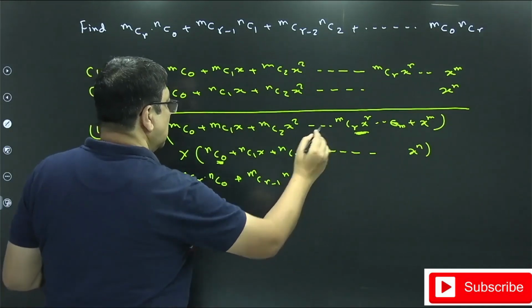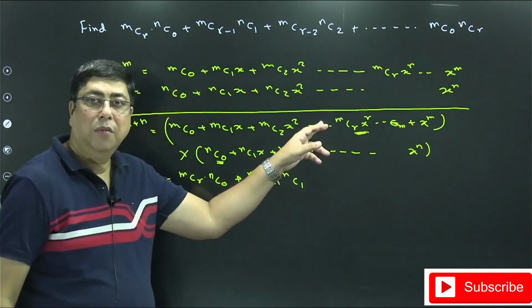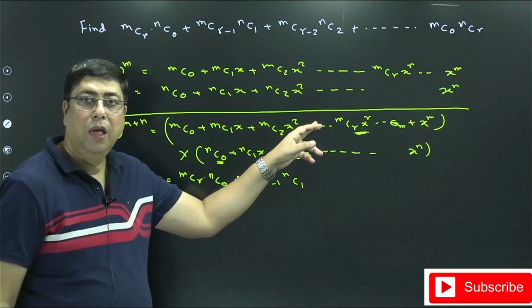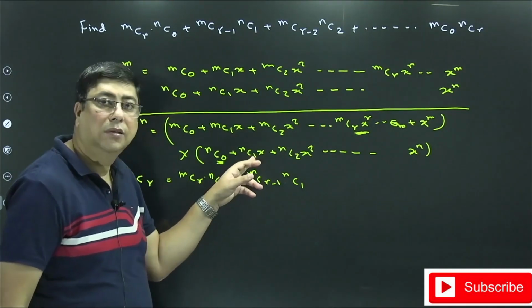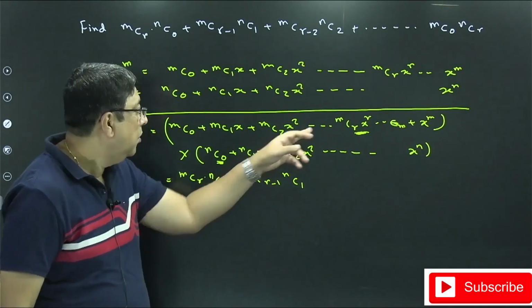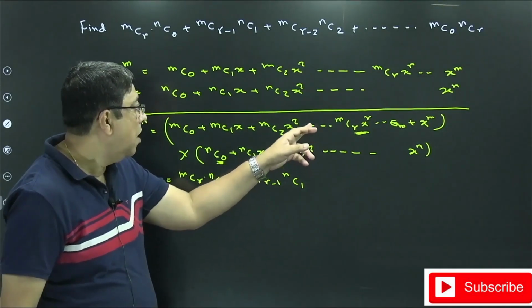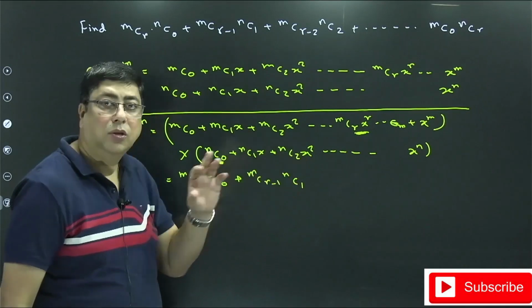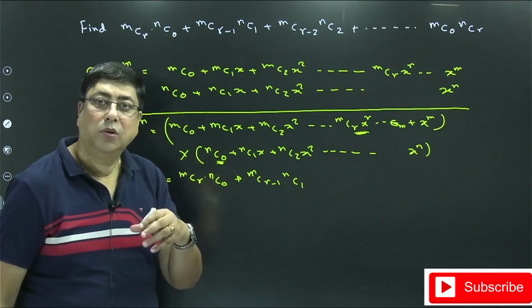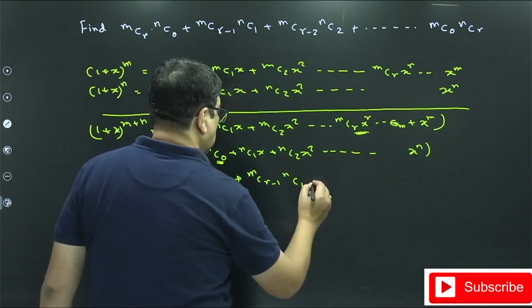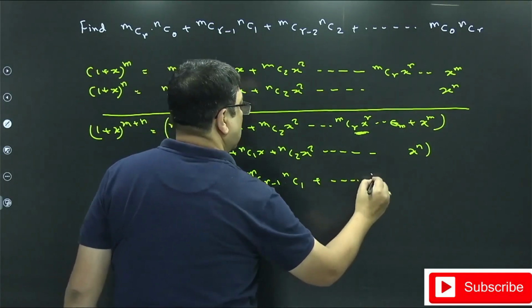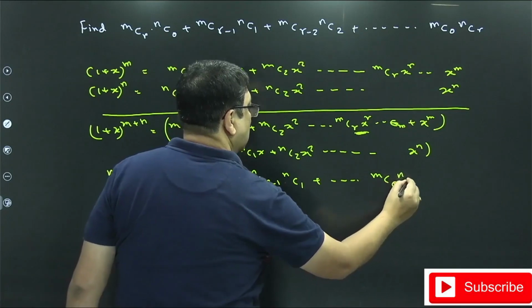So if it is r minus 1, in this case the previous term mC(r−1) x^(r−1) into x gives x^r. Its previous term mC(r−2) goes with x². So we have to take the coefficient of x^r on both sides. We are getting our required series, continuing up to mC0 nCr.